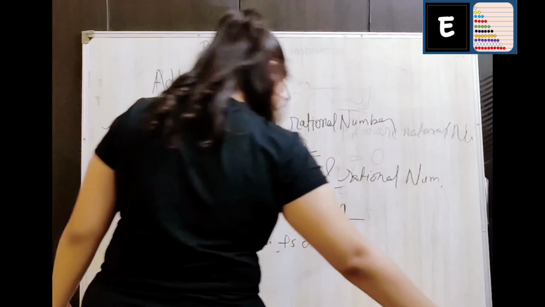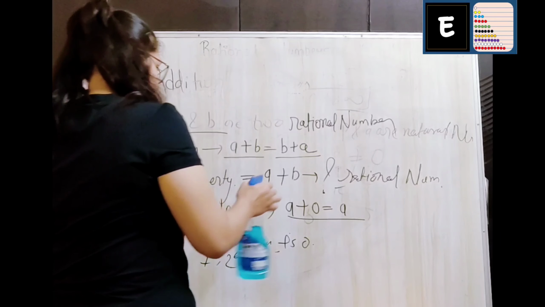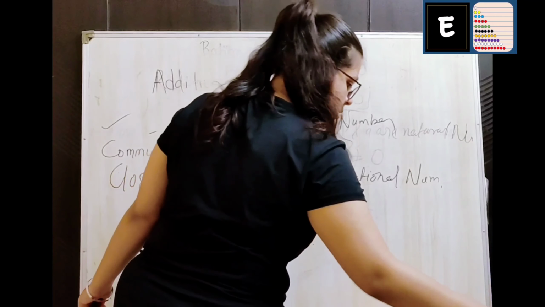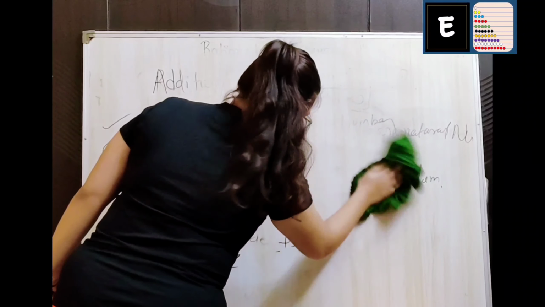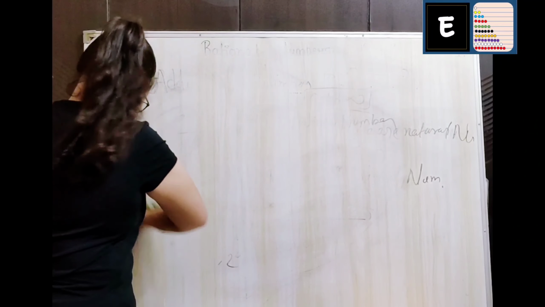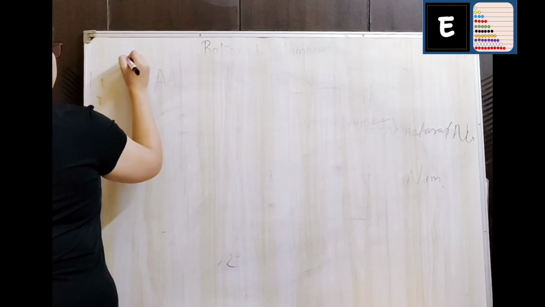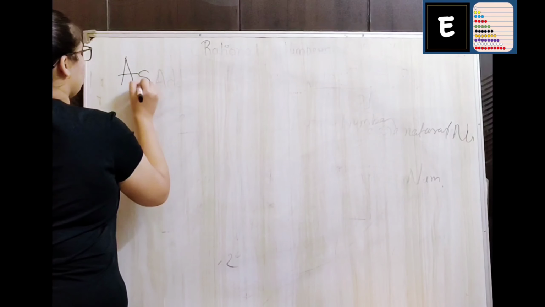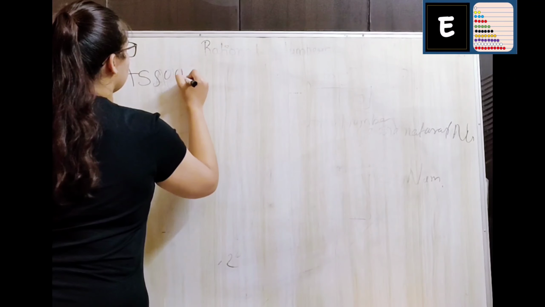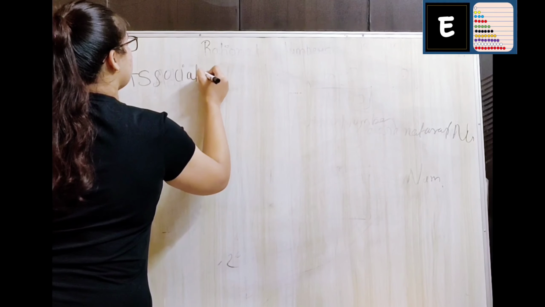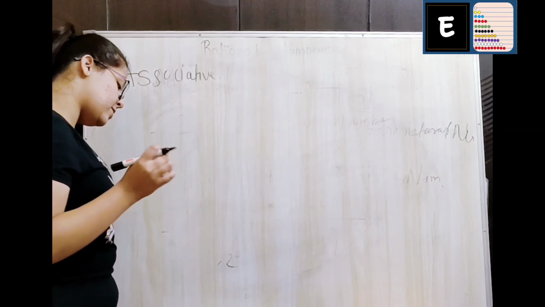Okay. Next property is our associative property. Now we will learn what the associative property is.